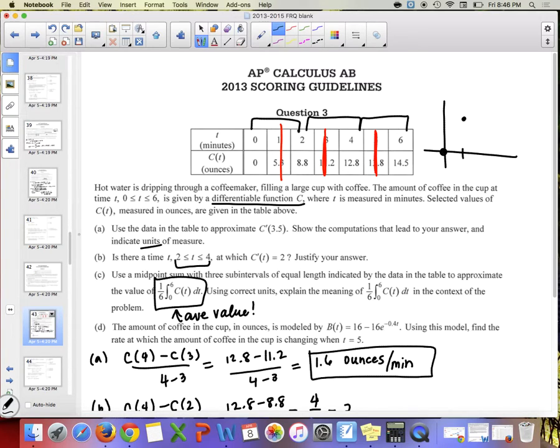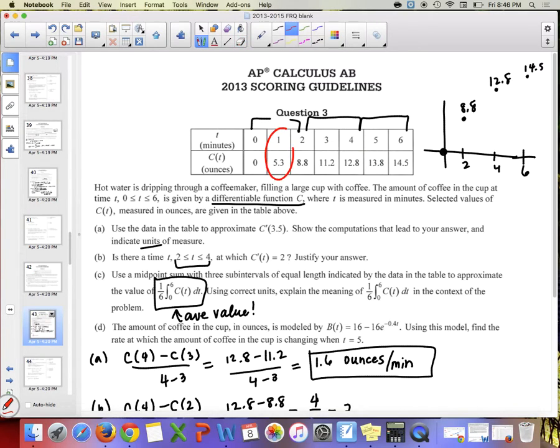I have the point 2, 8.8. I have the point 4, 12.8. And I have the point 6, 14.5. So what this creates are 3 rectangles of width 2. Okay, I guess I do need those because I'm doing the midpoint. So these are actually the ones that I need, the ones that I crossed out.